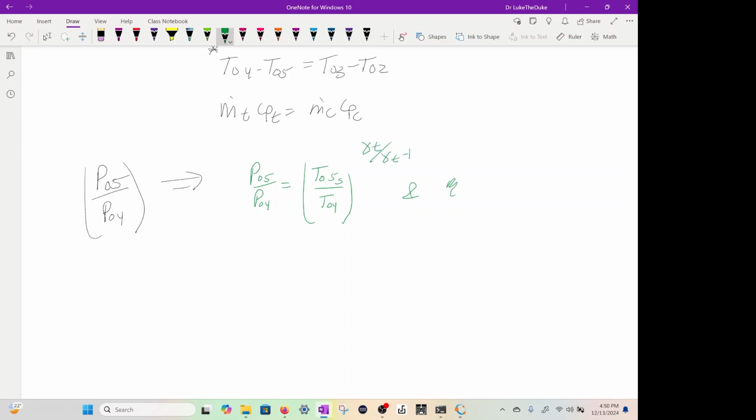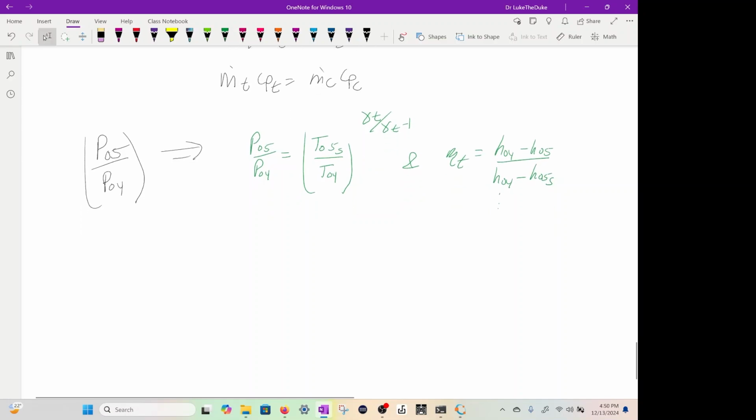And this efficiency equation, H naught 4 minus H naught 5 over H naught 4 minus H naught 5S. And in this equation, you're going to do the same thing that we did before with those efficiencies. Plug in CP, T naught, and what you end up getting is this. T naught 5S over T naught 4 equals 1 over eta T, T naught 5 over T naught 4 minus 1, plus 1.